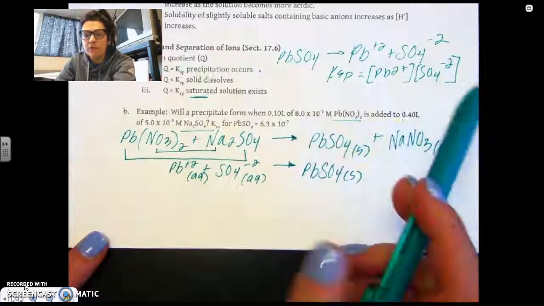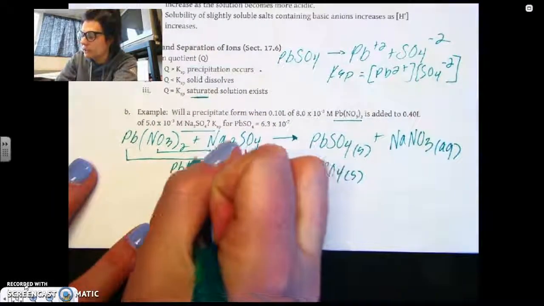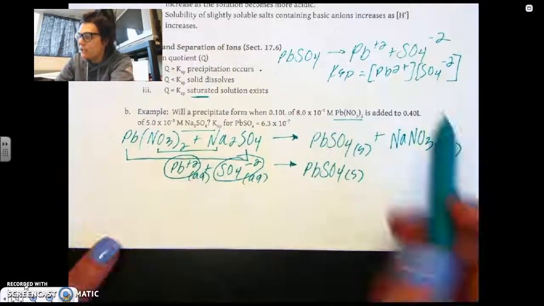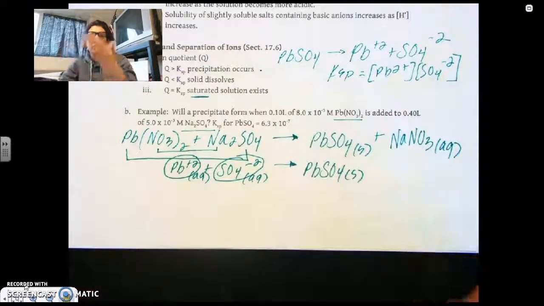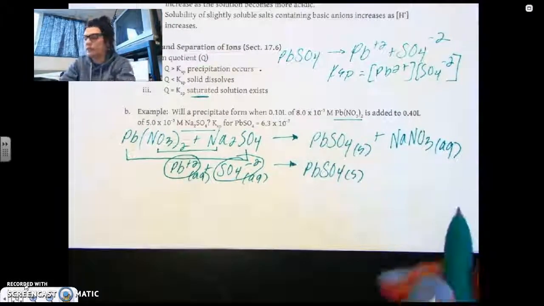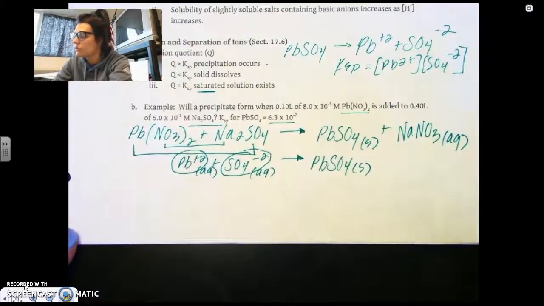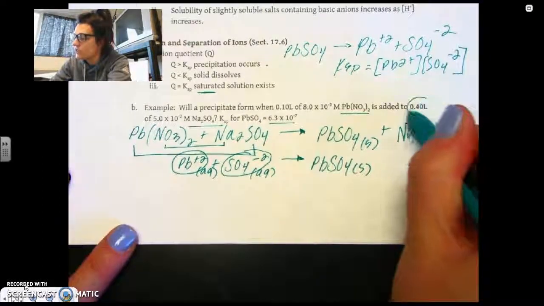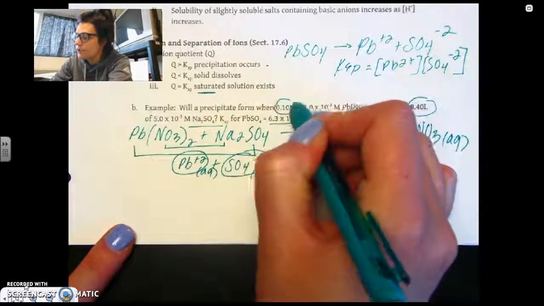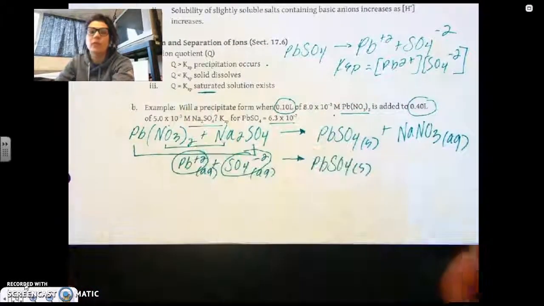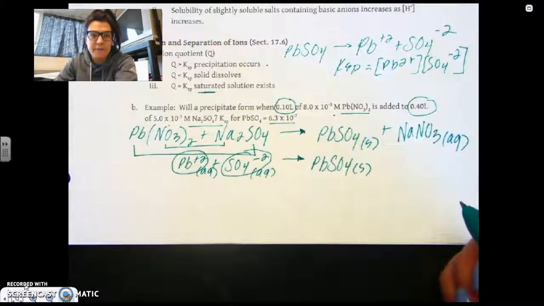So you have to find the concentration of the lead and the sulfate and see if the quotient is greater than, less than, or equal to the KSP for lead sulfate that's provided. Since we're mixing two volumes together, we have to solve for the moles of both, and then resolve for molarity because we've increased the volume.